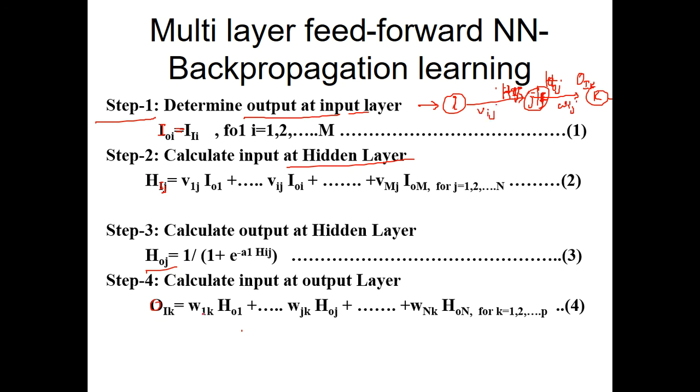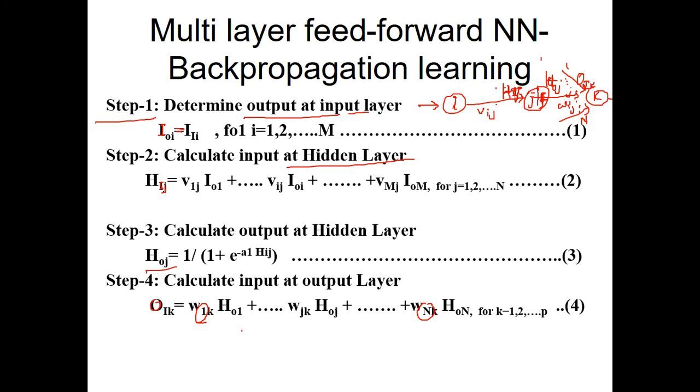Now computing OIK, again take the weighted sum of all inputs, so input HOJ multiplied by WIJ. J will vary from 1 to n, because n number of nodes are at the hidden layer, and from all the n hidden nodes, inputs are coming here, so 1 dot dot dot j dot dot dot n.